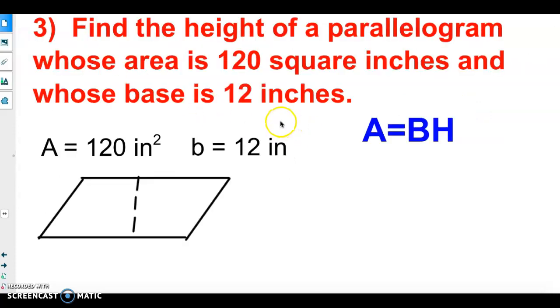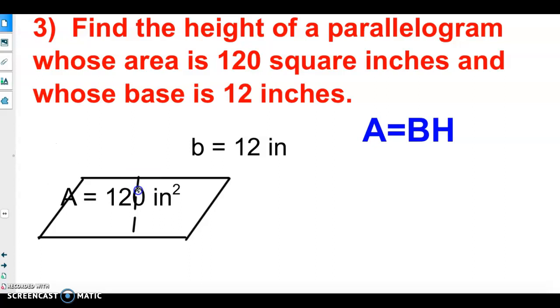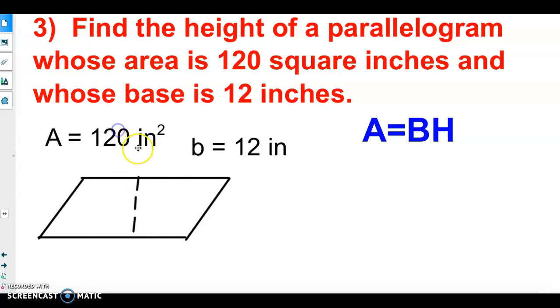Okay, in this case, I give you the area. The area is 120 square inches. That means there's 120 square inches inside of this parallelogram, and I give you the base, and I ask you to find the height. So here's what you're going to do.